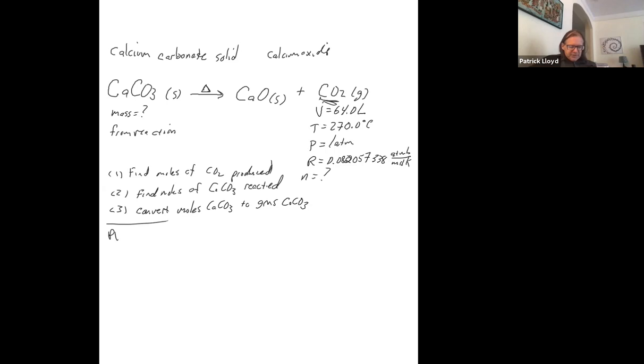So PV equals nRT. This is referring to CO2. So n is PV over RT, right? You just divide both sides by RT. I'm not going to go through the dimensional analysis because it's pretty obvious it'll come out to moles. So 1 times 64.0 over, now you got to add that 273.15 to the 270.